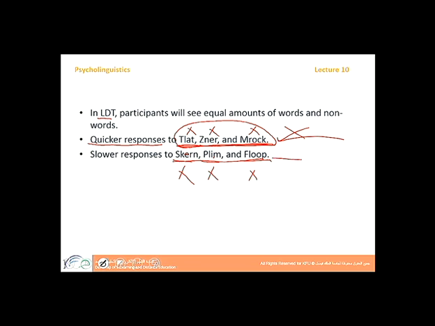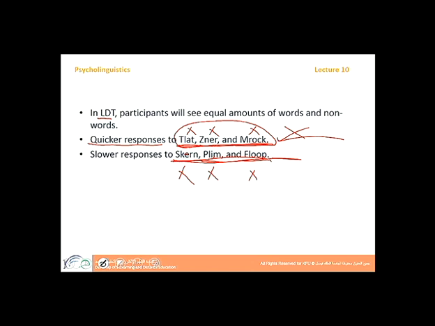But with these words, skern, plem, and flub, they are non-words, but they don't violate the phonology of English. So we call these possible non-words. So what are possible non-words? They are non-words, but they don't violate the English phonotactics.